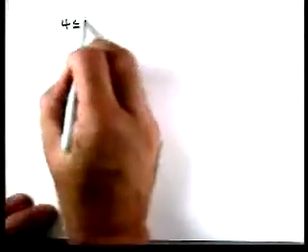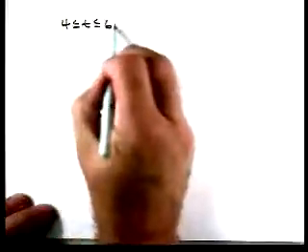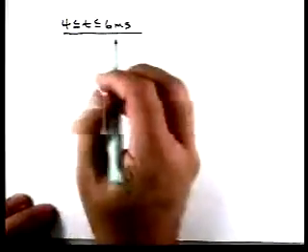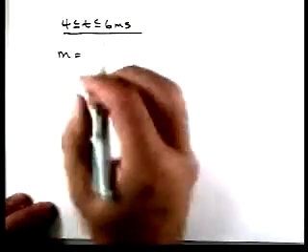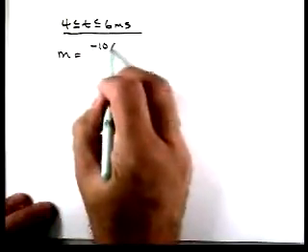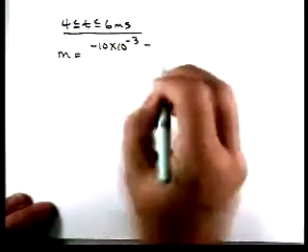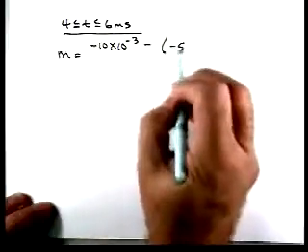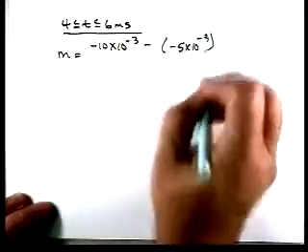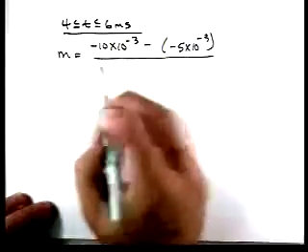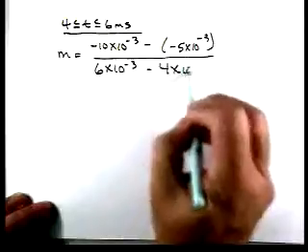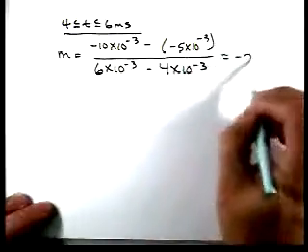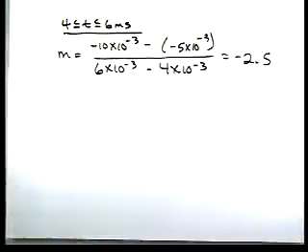If we look at our waveform, we wind up at minus 10 milliamps, and we get there from minus 5 milliamps, and we do it over 2 milliseconds.